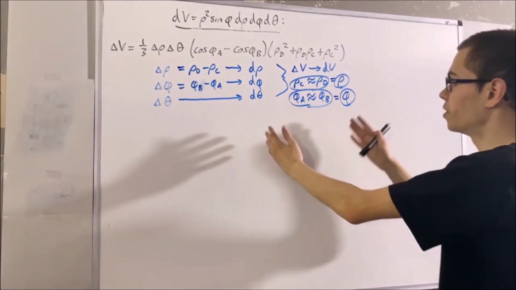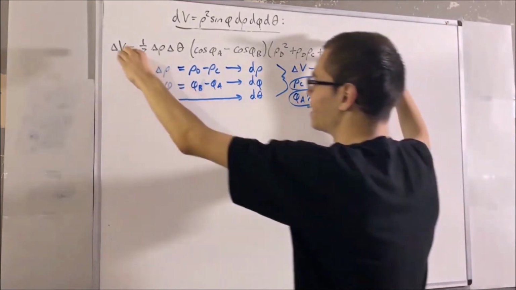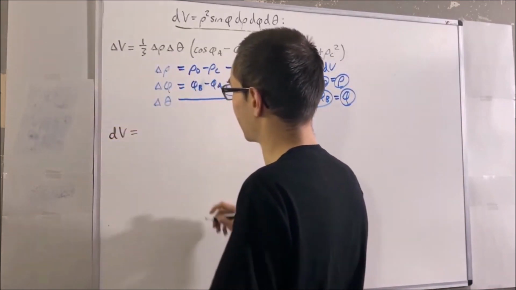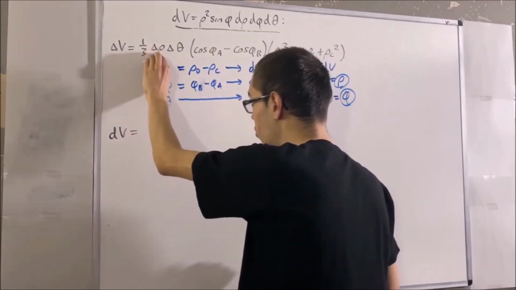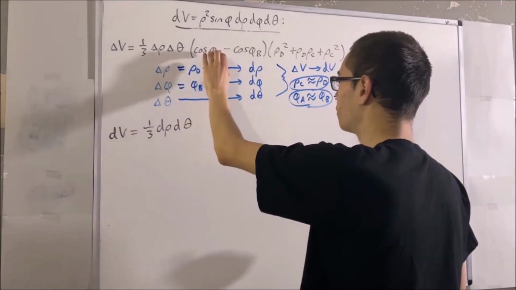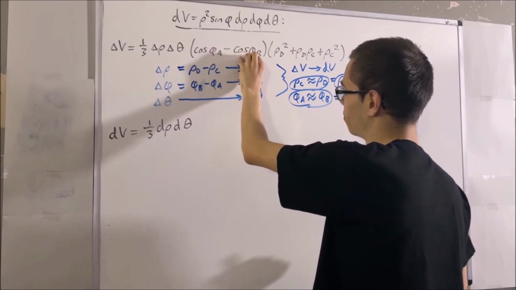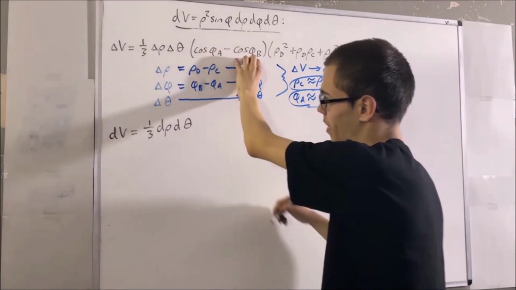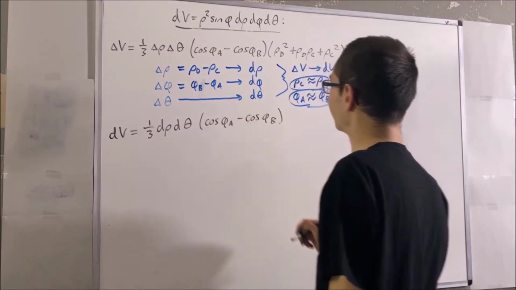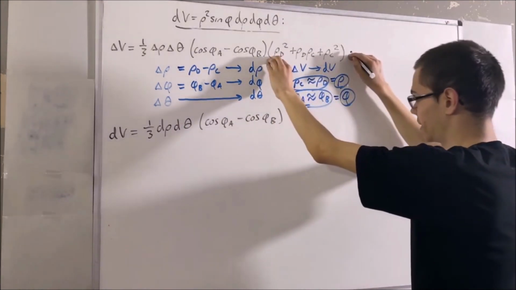So we're going to use this new information to rewrite delta v as dv. Let's see what we have. We have 1/3 d rho d theta, and then we have cosine of phi a minus cosine of phi b. Let's not worry about this right now. Let's keep this exactly the way it is. But let's pay attention to this parentheses.